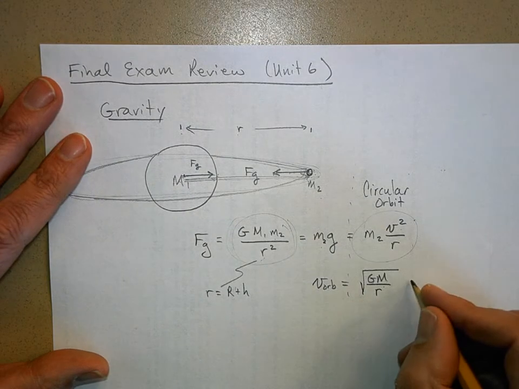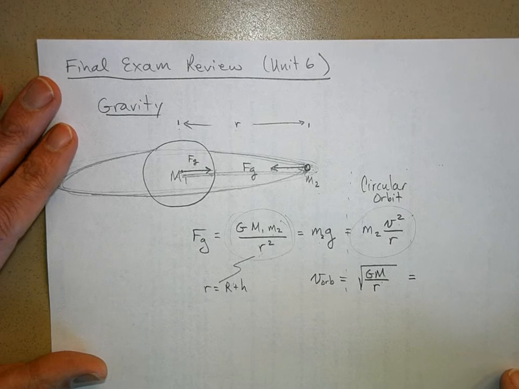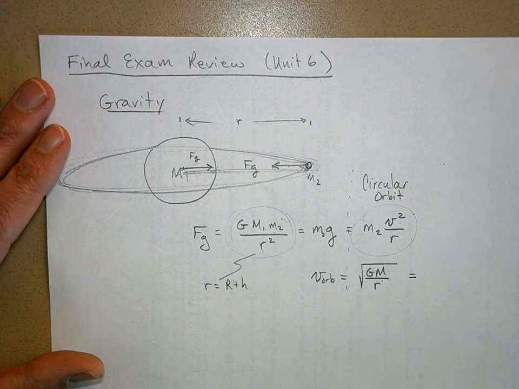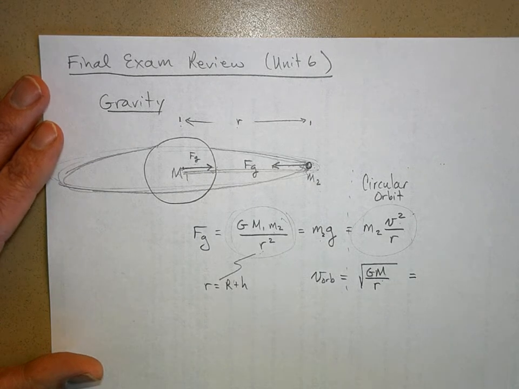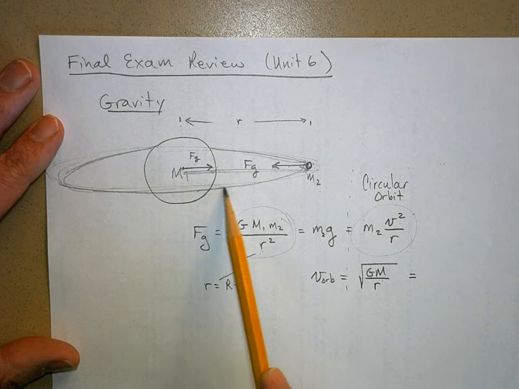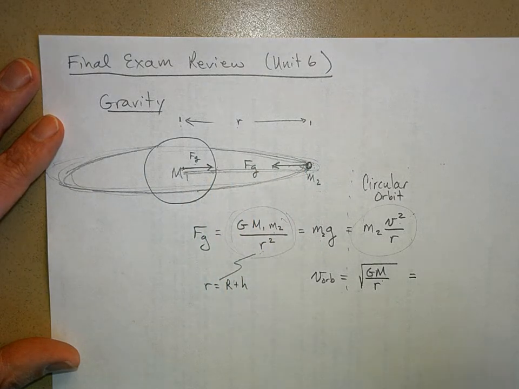Now also remember that your orbital velocity, your speed, is constant, and speed is the distance traveled divided by the time it took you to travel that distance. That's what speed is, right? So if I move in a circle, say I start here and I move in a circle, what distance did I travel?